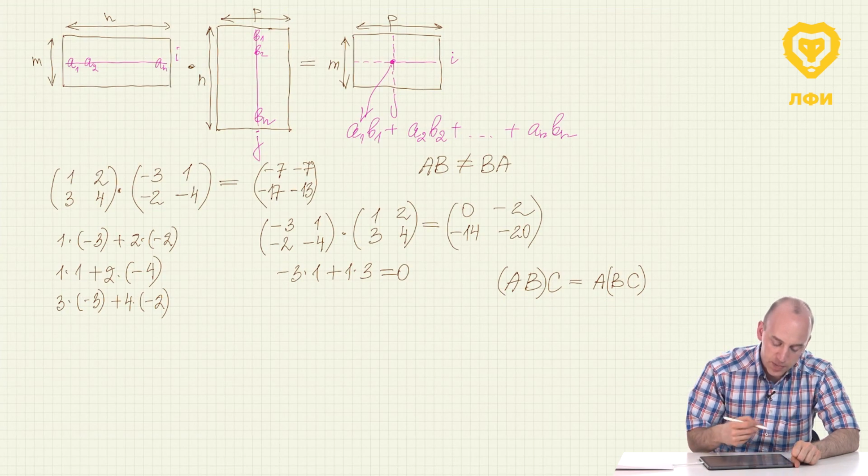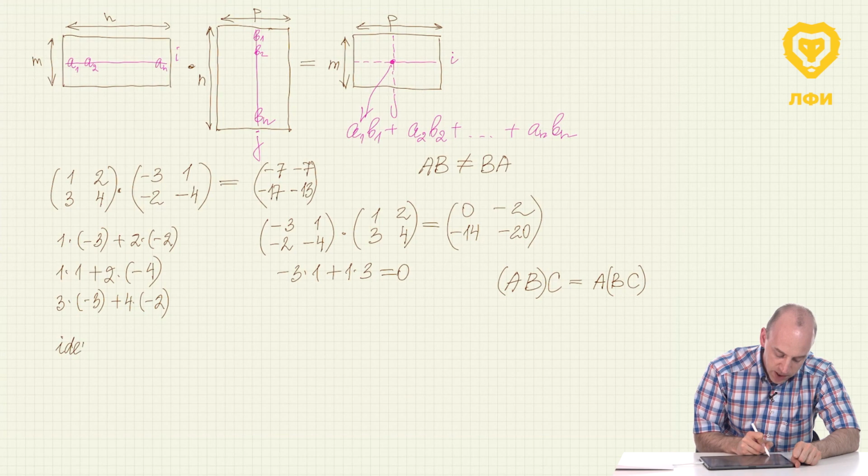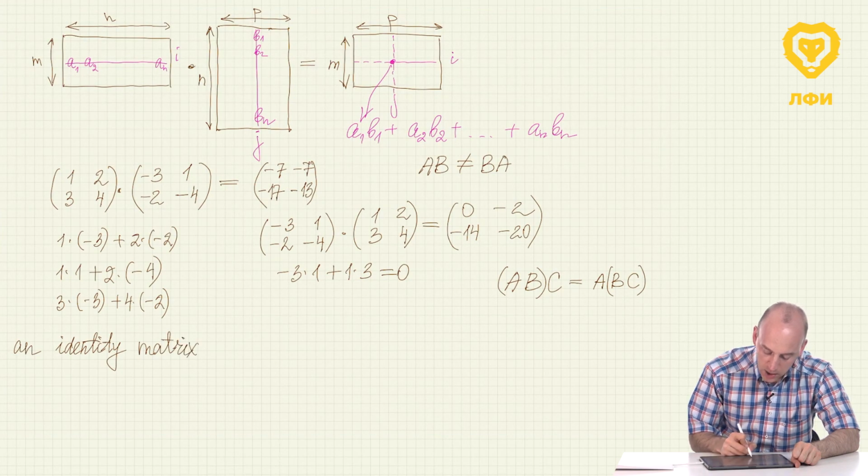There is also a special type of matrix that is usually called an identity matrix. It is a quadratic matrix, and it has ones on the main diagonal.